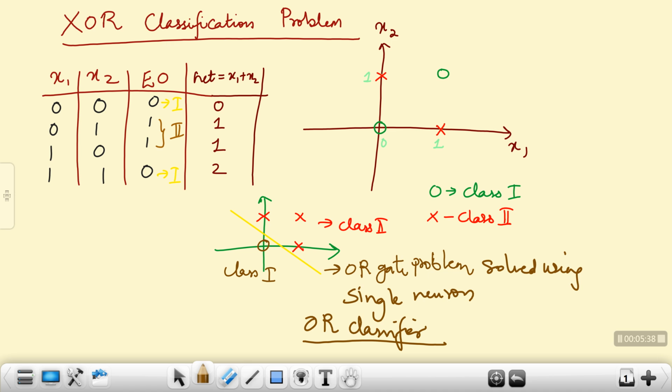But we have seen that the XOR gate problem, or the XOR classifier, cannot be designed using a single neuron. This is the background idea I have given you. So the XOR problem cannot be solved using a single neuron.